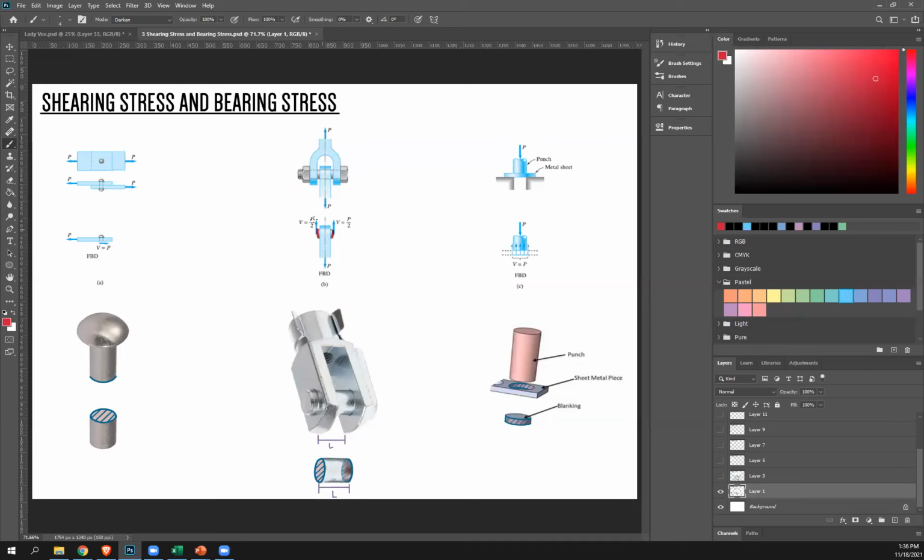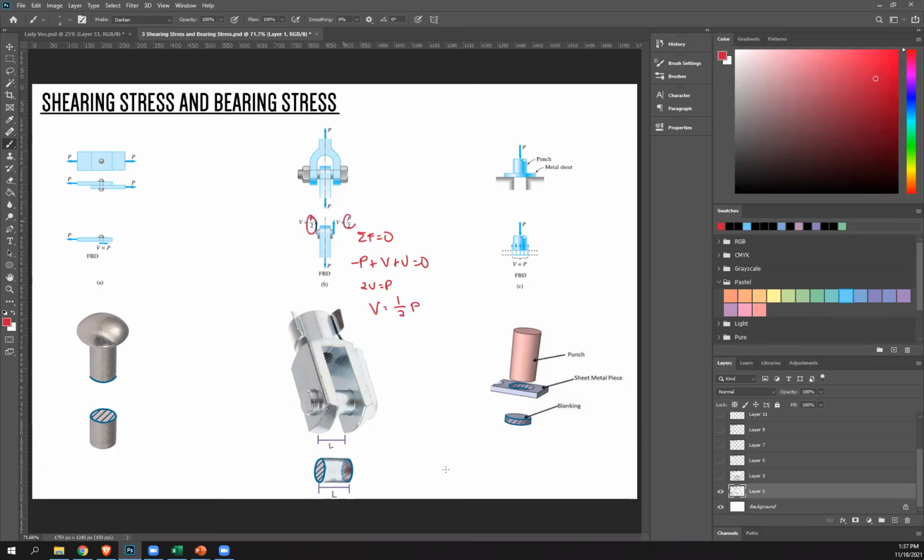So there is an internal force here and here, which we call V. And then applying equilibrium equation, summation of forces equals 0, negative P since downward plus 2V equals 0.